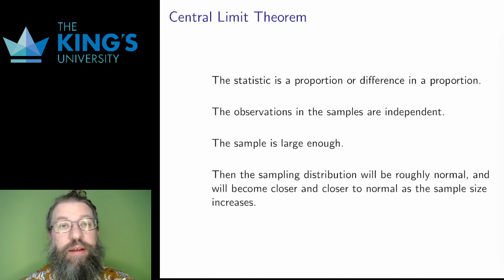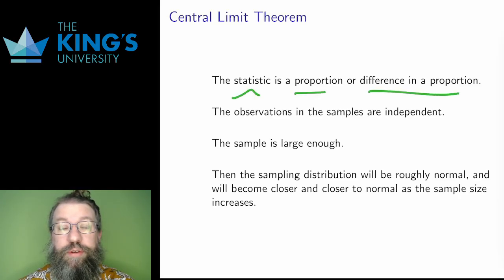And this lets me state the big mathematical idea that pulls together both parts of this video. This is a fundamentally important result which makes much of the probability theory work. Say we are measuring a statistic which is a proportion or a difference in proportions. Assume that the observations in the sample are independent. That is, each measurement doesn't affect any other measurements.